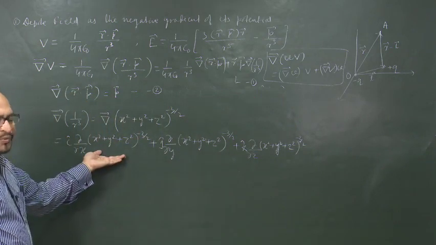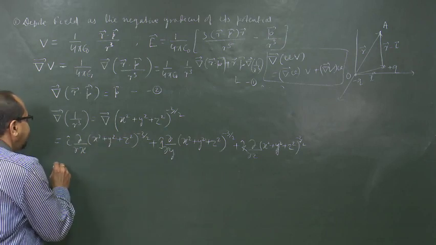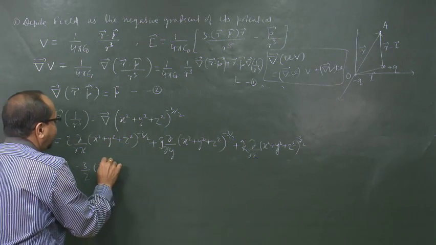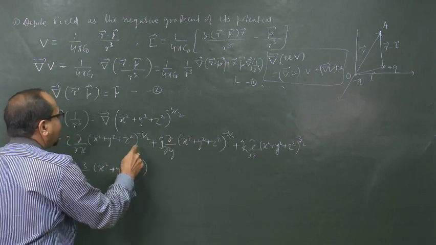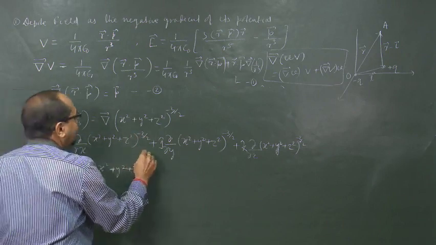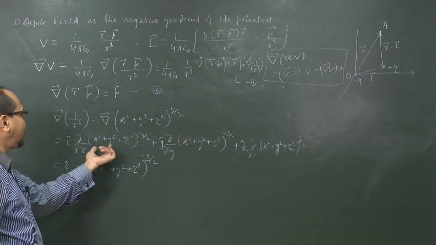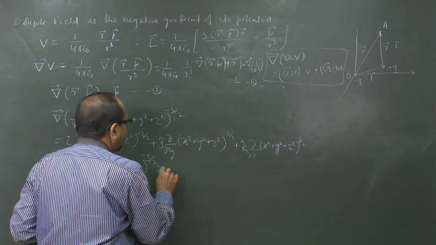So, we will use simple derivative of this one with respect to x. Obviously, it is i cap into minus 3 by 2 into (x square plus y square plus z square) to the power minus 3 by 2 minus 1, that becomes minus 5 by 2. Again, the derivative of this term with respect to x is 2x. So, this into 2x.